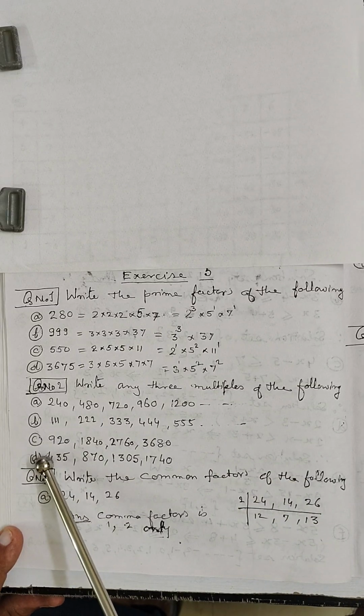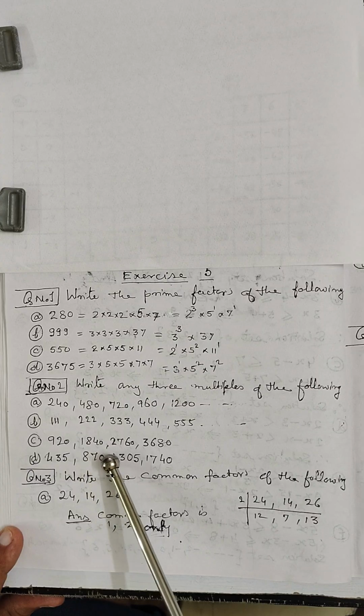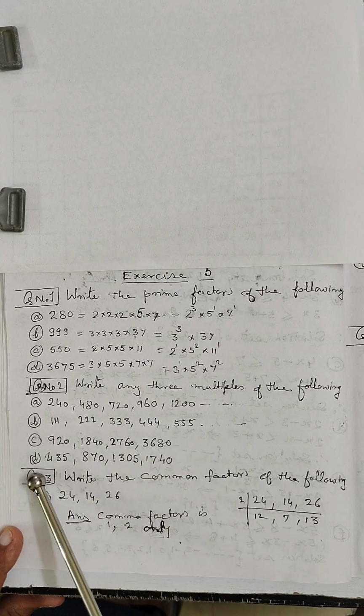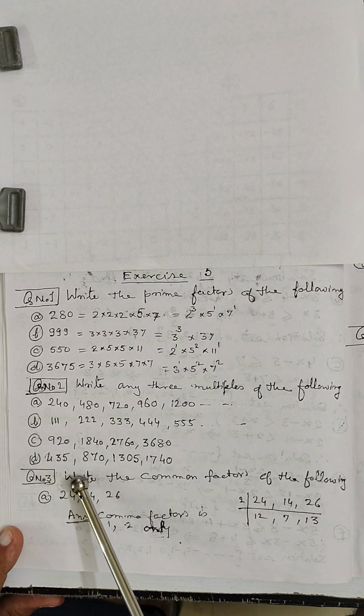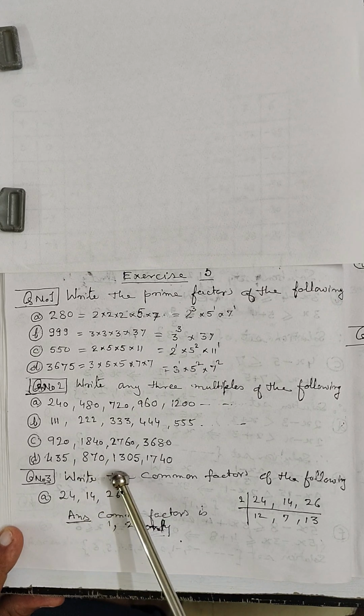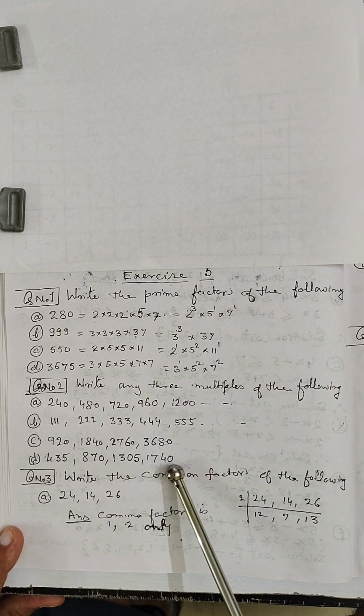Now the C part, that is 920, 1840, 2760, 3680. D part, that is 435. Next multiples are 870, 1305, 1740.